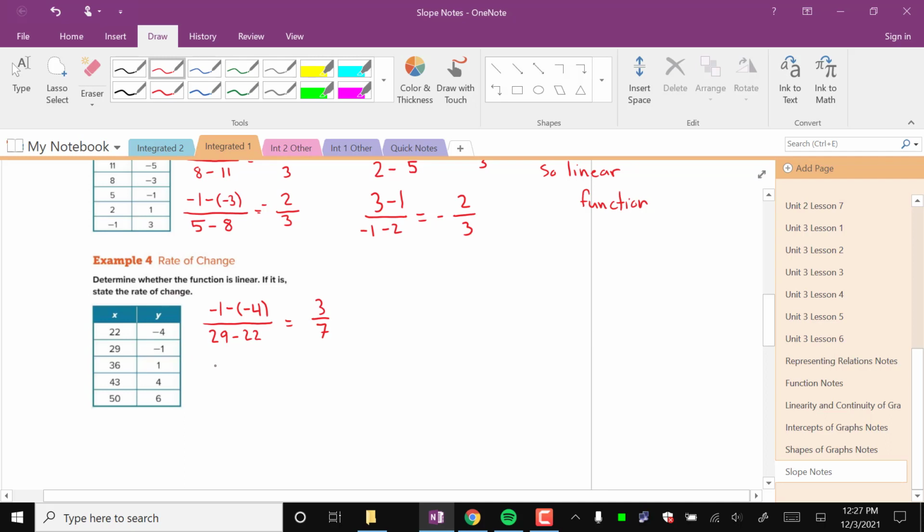Do the next one. 1 minus negative 1 over 36 minus 29. 1 minus negative 1 is 2, and 36 minus 29 is 7. Here we go. Not the same.